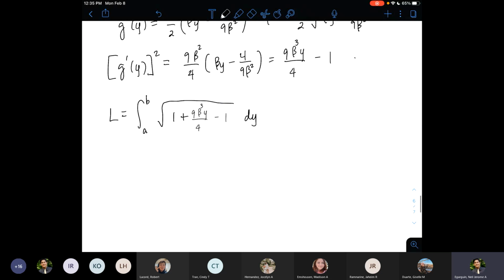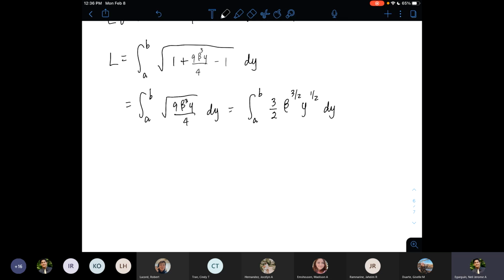Okay. And then simplify. I'll have integral from a to b of the square root of 9 beta cubed y over 4 dy. I can simplify further as the integral from a to b of 3 halves beta to the 3 halves y to the 1 half dy.